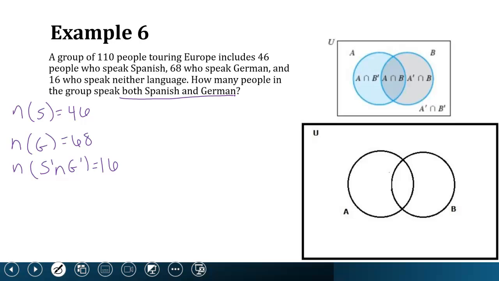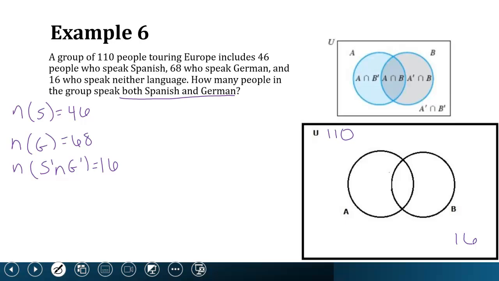All right, so let's fill it out. Our universe is 110. And we know that neither Spanish nor German is 16, so 16 is my outlier on the outside. Now I need to find out how many people speak at least one language.